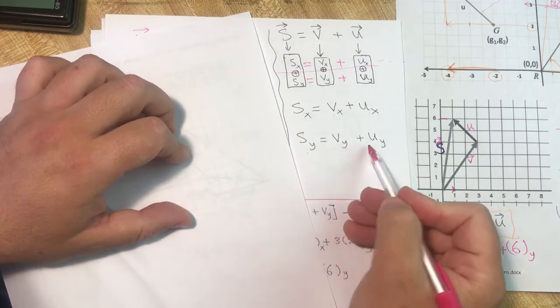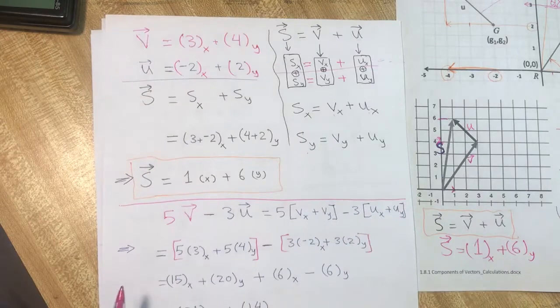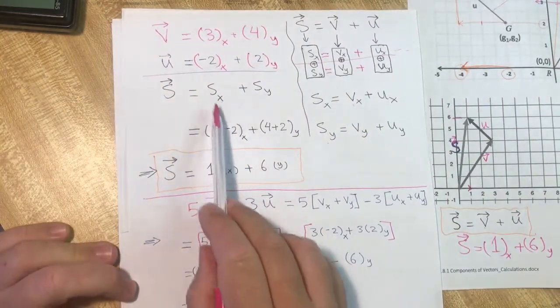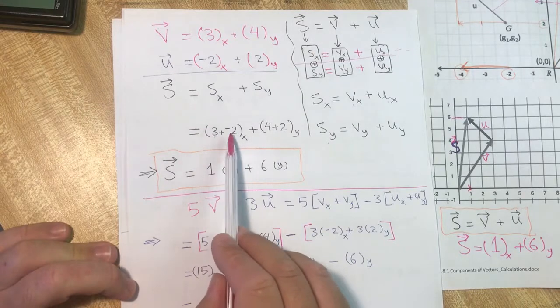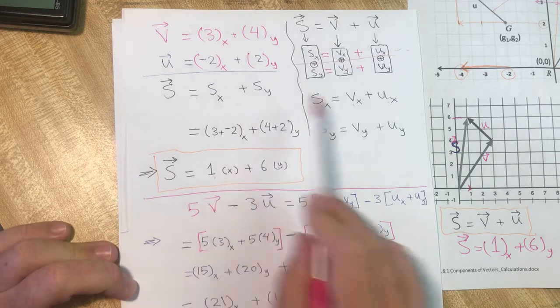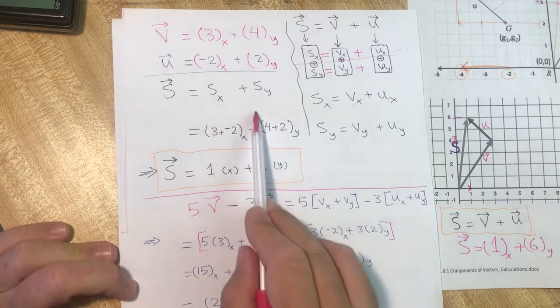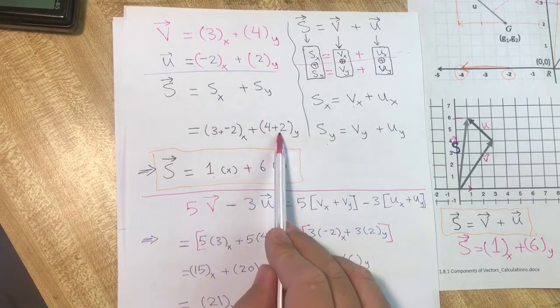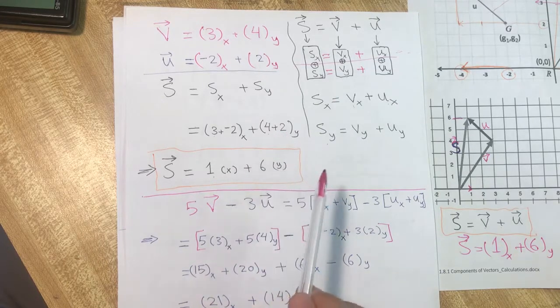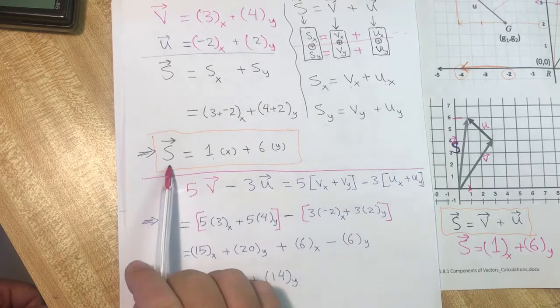Sy is equal to Vy plus Uy. So as we see here, Vx is 3, Ux is minus 2, it will be 1. Sy is Vy plus Uy, which is 6 units. Okay, this is the vector S.